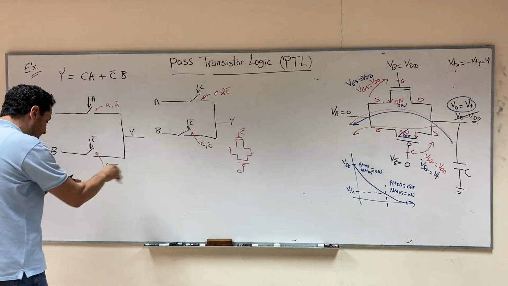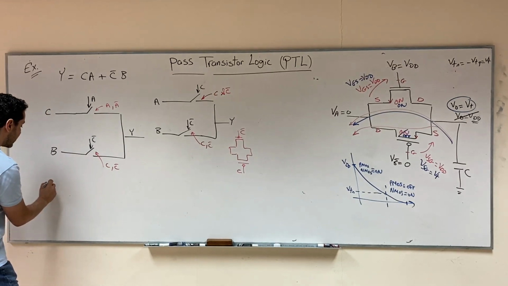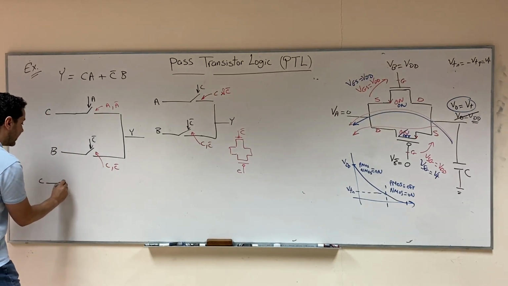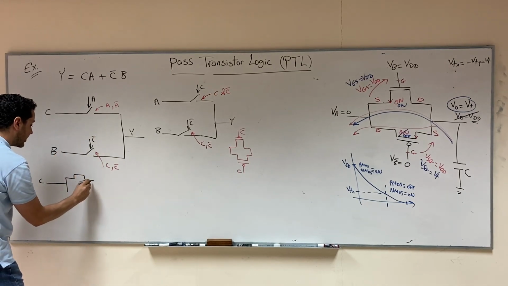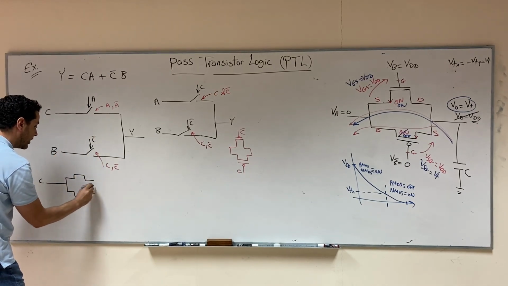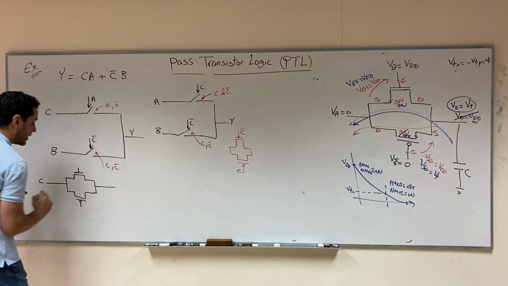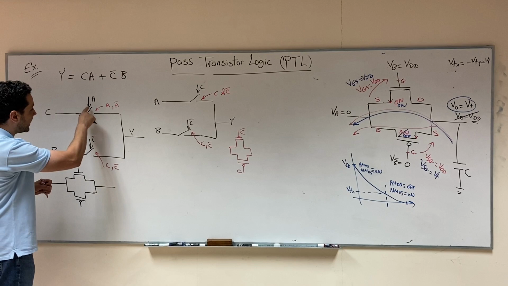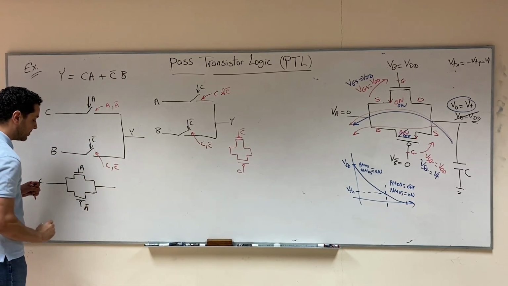For example, let's complete the implementation. Here, if you want to implement this circuit using transistors, then you have C. In order to implement this switch, you are going to use a transmission gate like this, which consists of n-mos and p-mos. And this switch is controlled by A, so A must go to the n-mos and A bar must go to the p-mos.